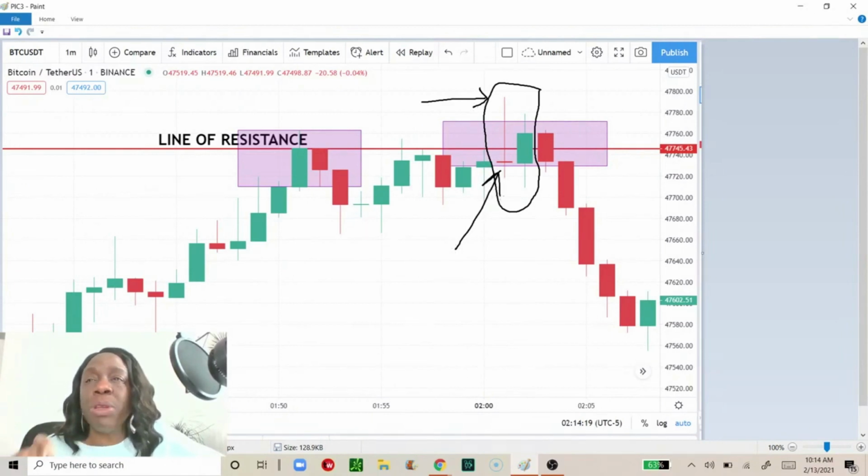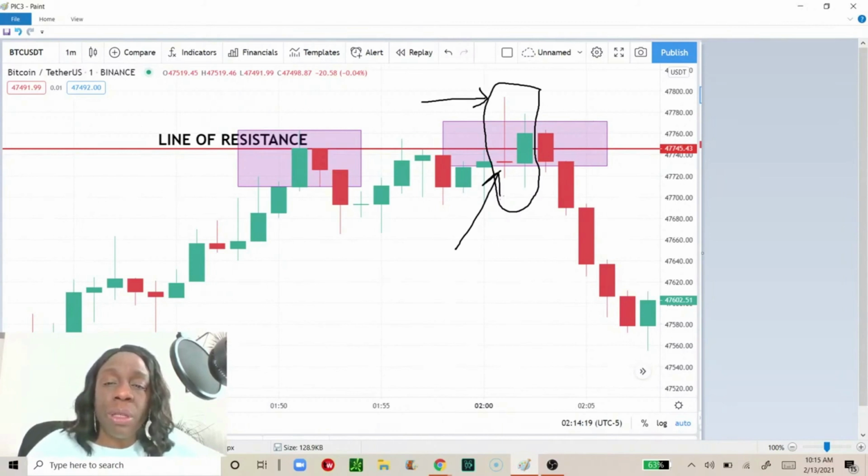This is a prime reason why you don't buy a breakout until your candlestick has completely closed above the line of resistance. This didn't. If we move to the second candlestick, the green one, it actually closes above the line of resistance.